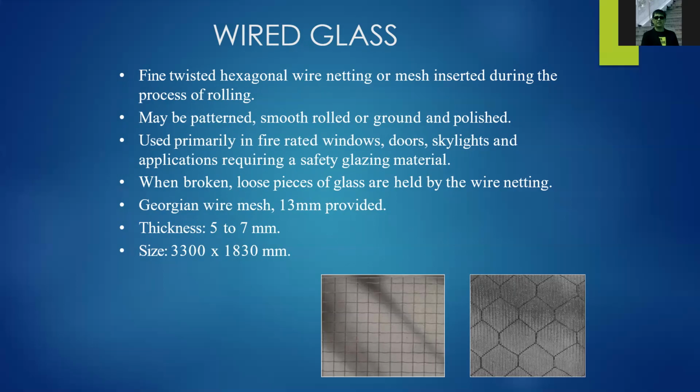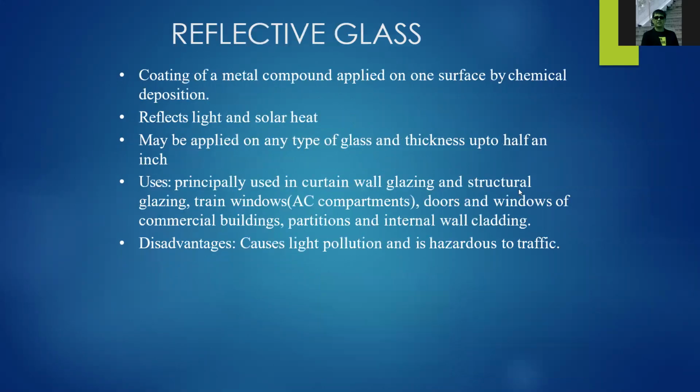So Georgian wire mesh is about 13 millimeter, and the thickness is about 5 to 7 millimeter. The sizes vary from 3.3 meters to 1.83 meters or 1,830 millimeters. So this is commonly used for fire-rated doors and windows, and skylights, the wired glass.